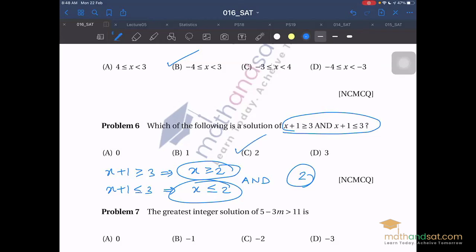Now, what would have been the case if the question were like this? Suppose we have x greater than 2 and x less than 2. What would be the answer if you have x greater than 2 and x less than 2 simultaneously?